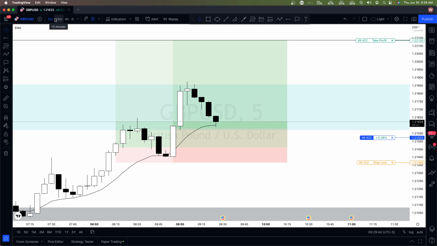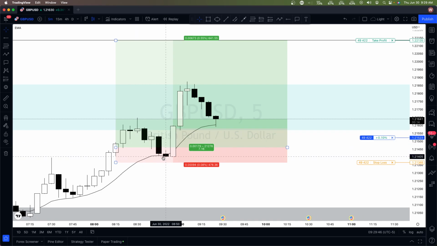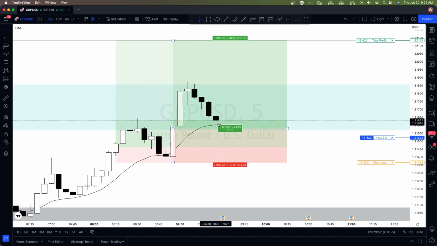I don't know what to do. After this first test, we come down, test the EMA, shoot up in 2 candles to the top. And now in 4 candles, we come down and test the EMA. Did not close below it.